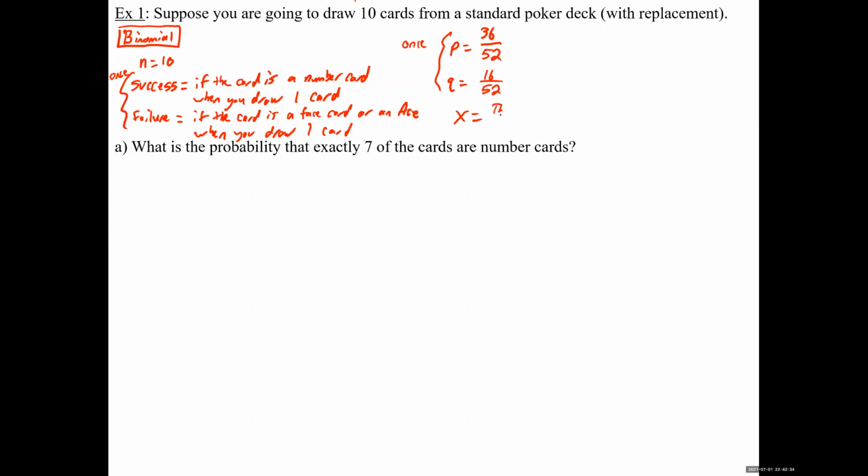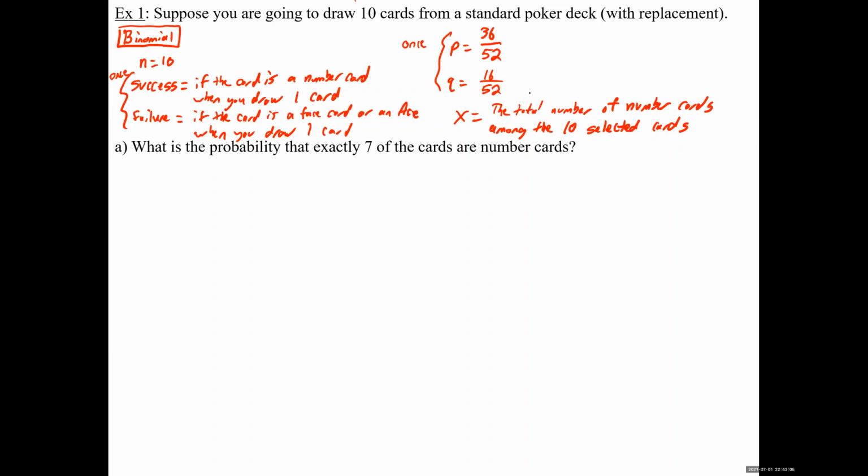So I'm going to write down this, the total number of number cards among the 10 selected cards. So again, we're selecting 10 cards. And after we select 10 cards, we're going to count how many of them have numbers on them. And that's what X is.